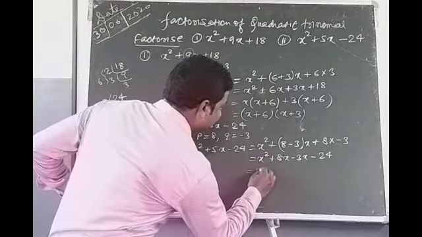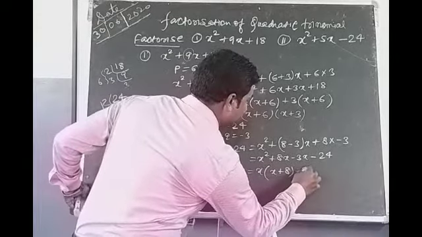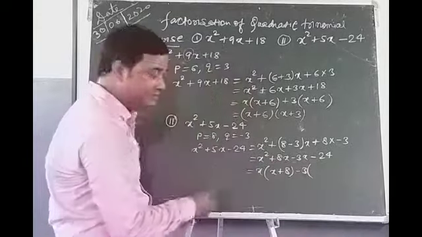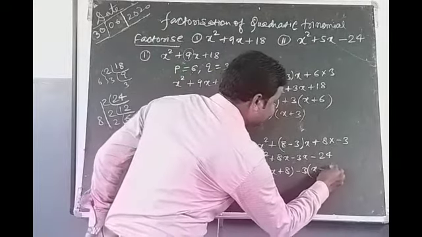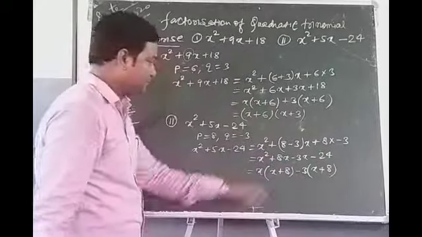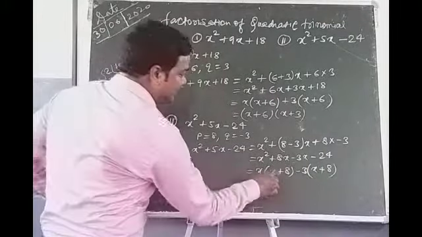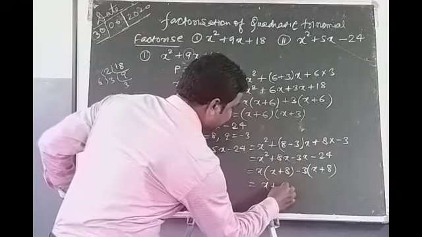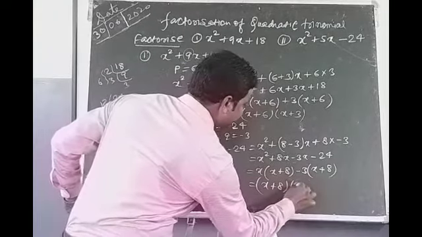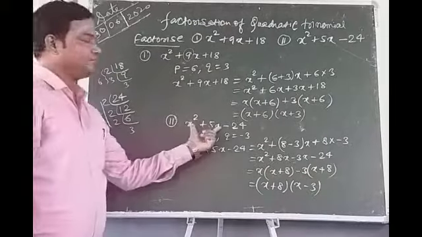What is common here? x, so x plus 8. Here minus 3 is common, so x plus 8, because minus 3 into 8 is minus 24. So here is (x plus 8) into (x minus 3). This is the factorization of this.